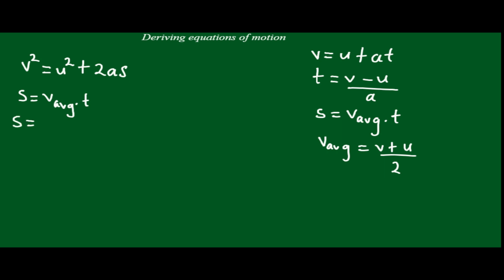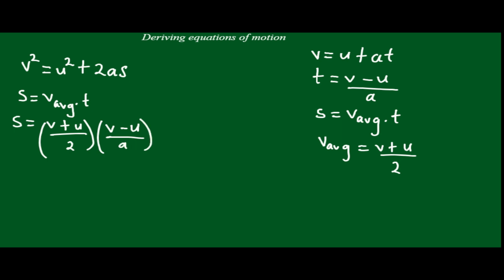Our average velocity is v plus u over 2, and t is v minus u over a.